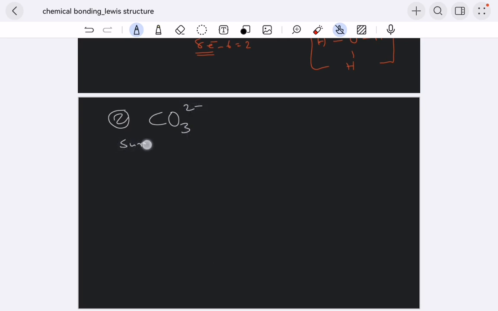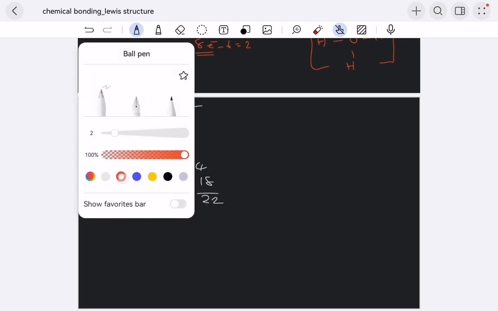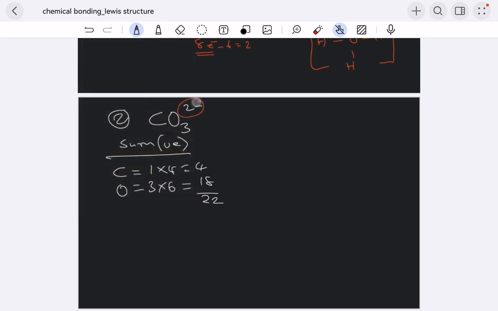So we find the sum of valence electrons, which is going to be carbon 1 by 4 giving us 4, then oxygen 3 by 6 giving us 18, and in this case the total is going to be 22. But now here the charge is negative, meaning it's gaining 2 electrons. So we add 2 electrons to get the total of 24 valence electrons.